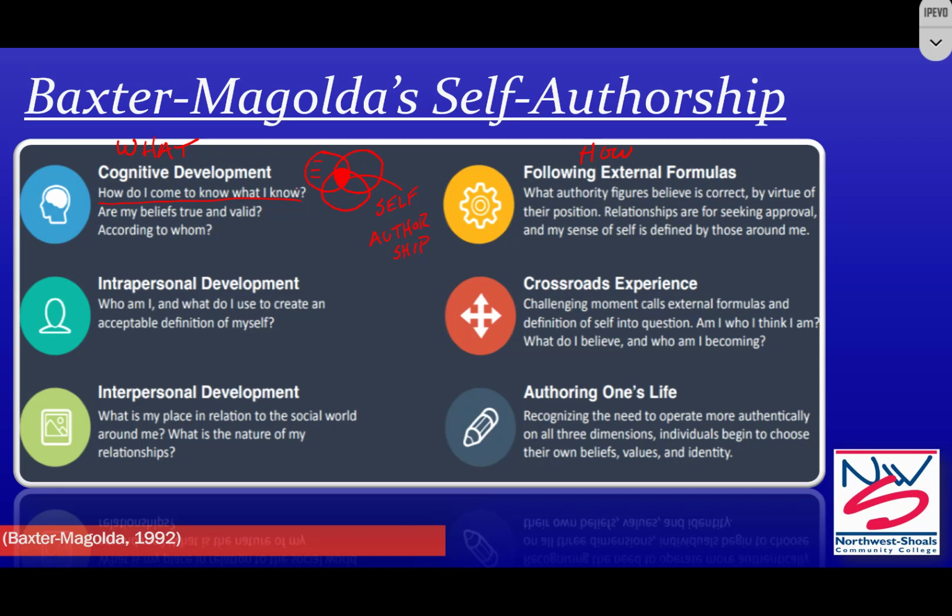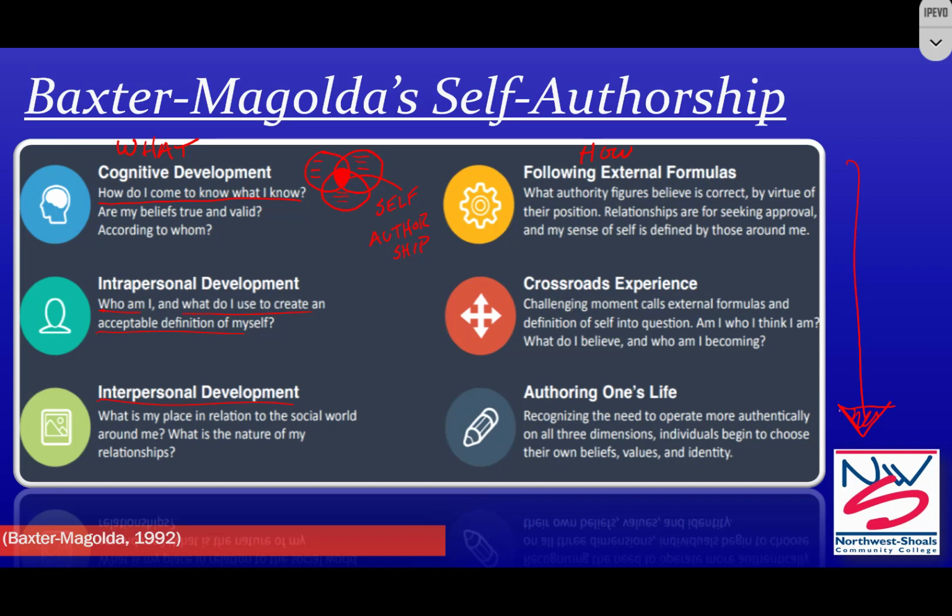And then in the next domain, when I begin to answer these questions of who am I and what do I use to create a definition of myself, again, I begin with following external formulas, this crossroads phase, and then I end up in self-authorship. Interpersonal development: how do I make my place in the world? How do I make meaning of the world around me? What is the nature of my relationships with other people? Follow external formulas, crossroads, and self-authorship. So in each one of your three domains, you progress through each one of these three stages.